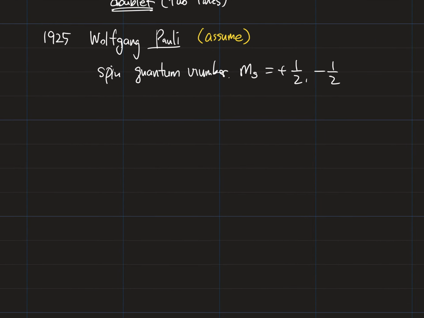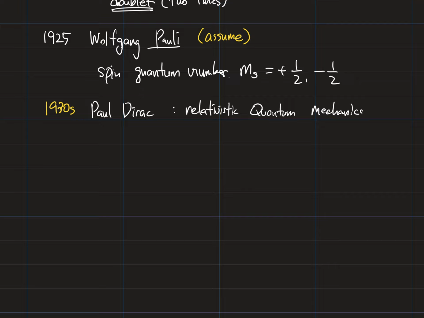And actually, yes. In the 1930s, Paul Dirac, another Nobel Prize winner, developed relativistic quantum mechanics. He combined Einstein's relativity and quantum mechanics.